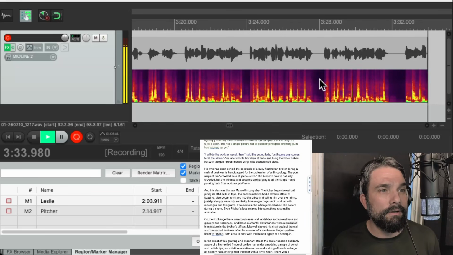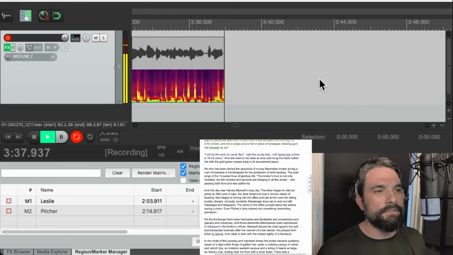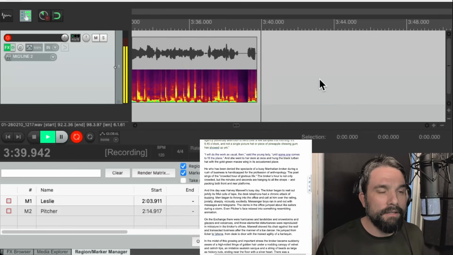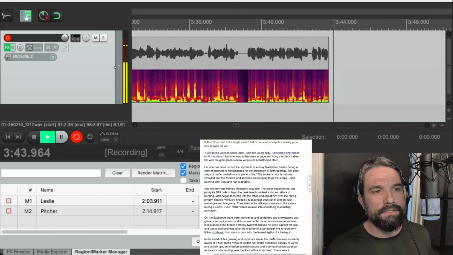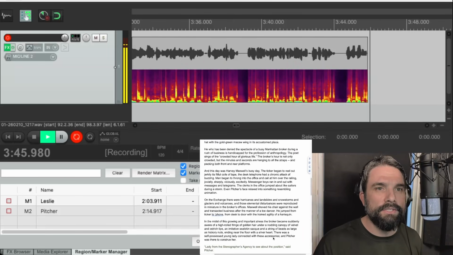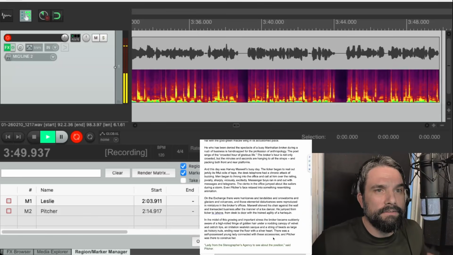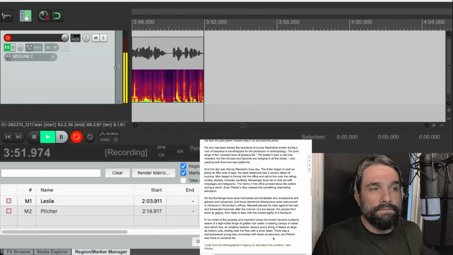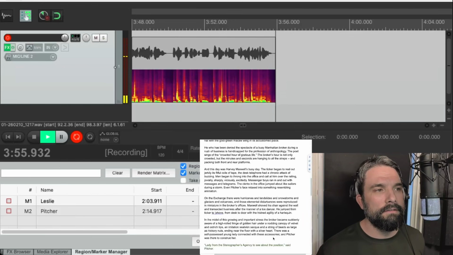On the exchange there were hurricanes and landslides and snowstorms and glaciers and volcanoes, and those elemental disturbances were reproduced in miniature in the broker's offices. Maxwell shoved his chair against the wall and transacted business after the manner of a toe dancer. He jumped from ticker to phone, from desk to door, with the trained agility of a harlequin.